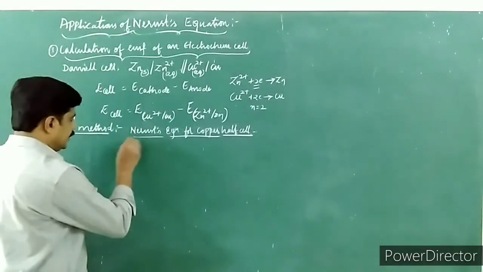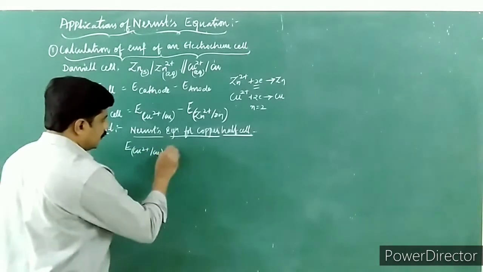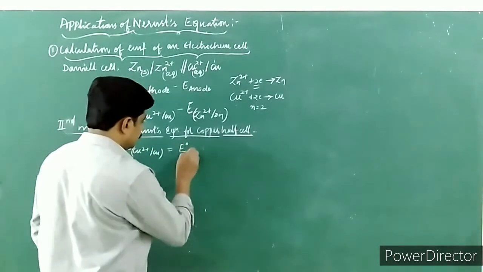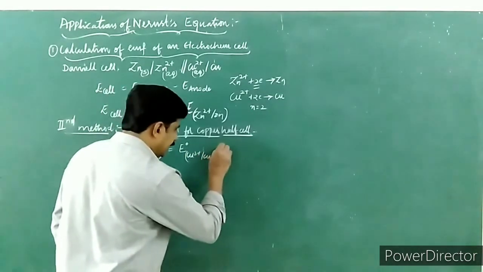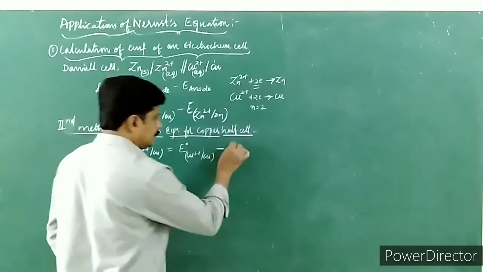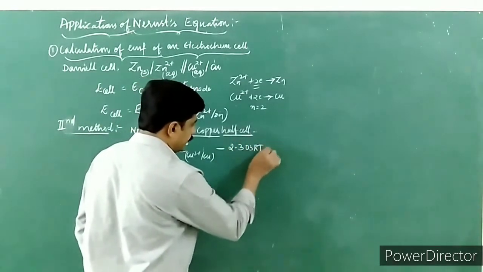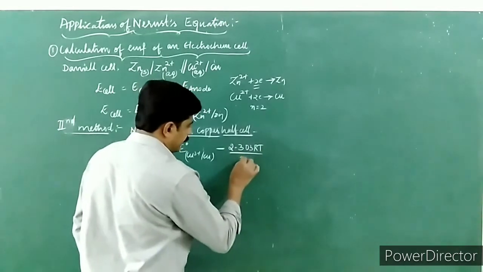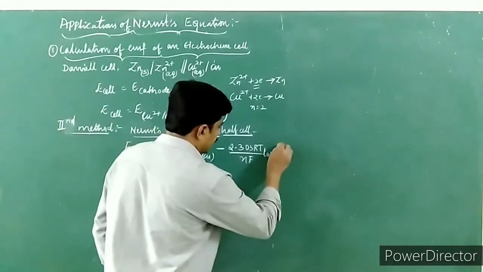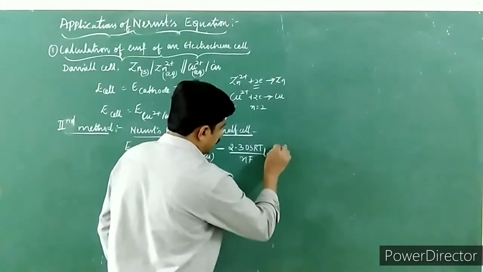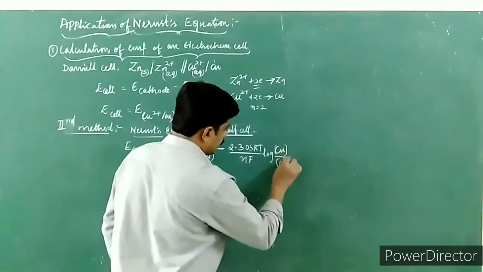E Cu2+|Cu is equal to E° Cu2+|Cu, I'll change the sign here, minus 2.303 RT upon nF into log of concentration of metal upon concentration of metal ions.